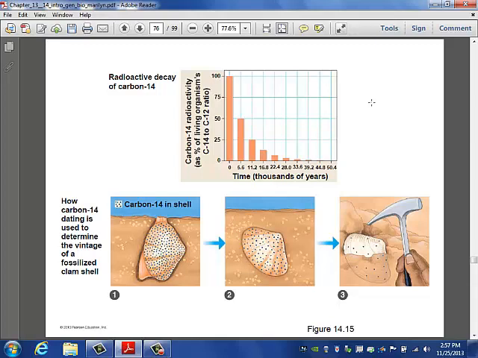So, radioactive decay over thousands of years. We see that carbon-14, again, is very common. Carbon-14 in that nice, wonderful living shell, and years later, looking at what's left gives us an idea of how old it is.